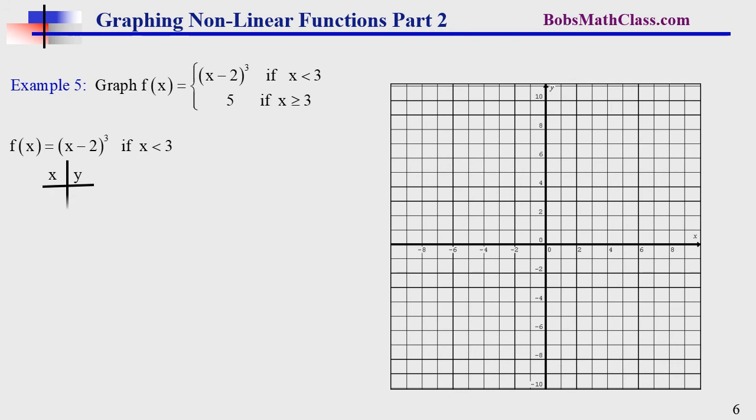All right, let's make a table. And x is less than 3, so we're going to start with 3. And then we've got to pick numbers that are less than 3. So how about 2 and 1 and 0? And then at 3, we're going to put an open circle.